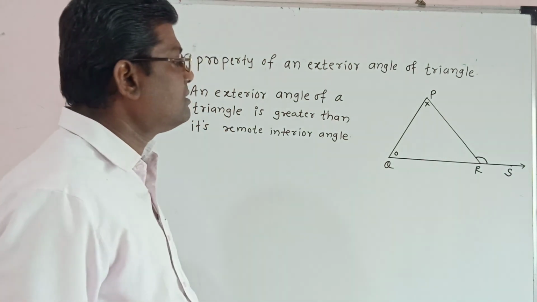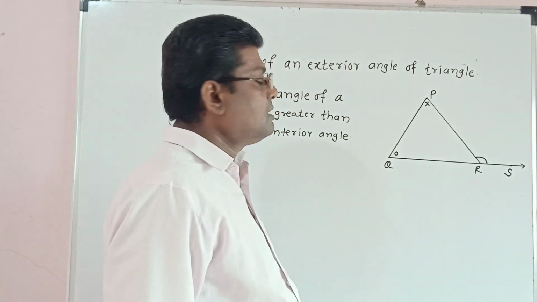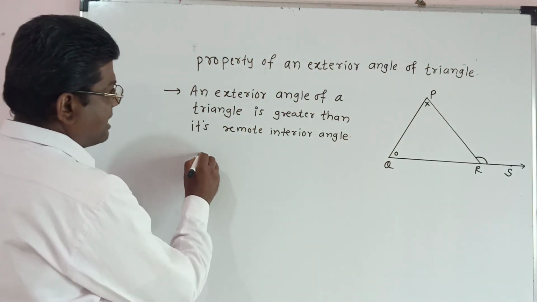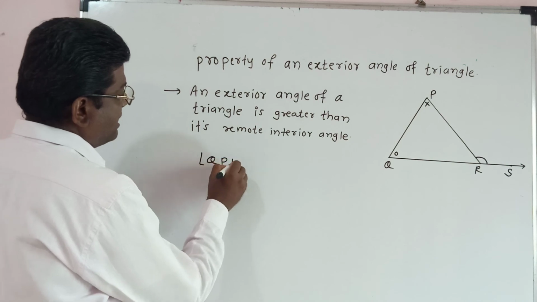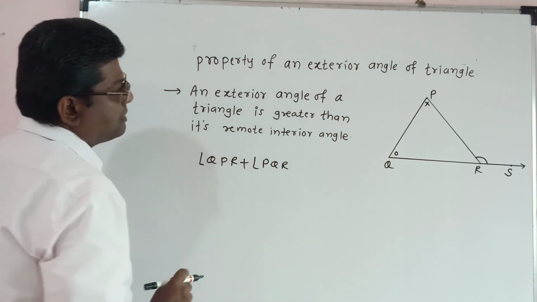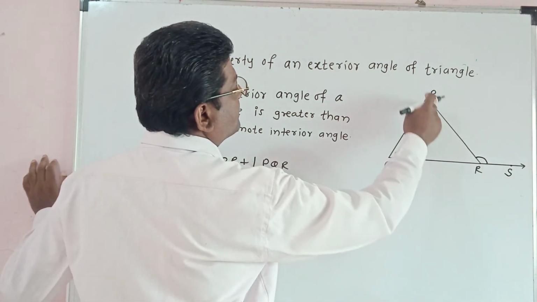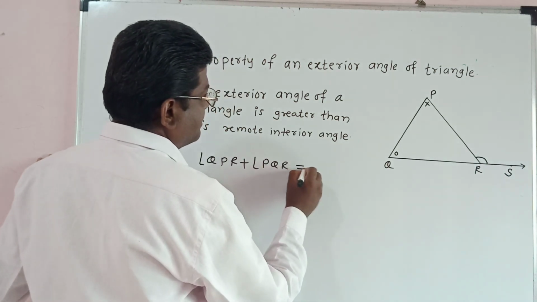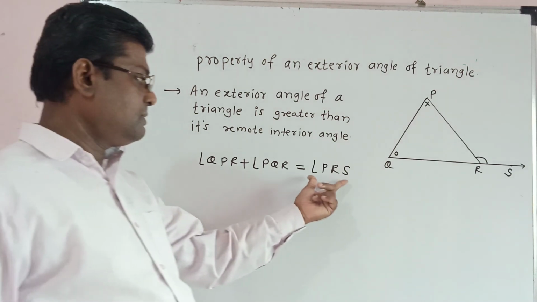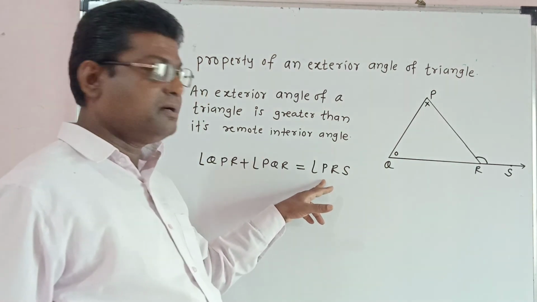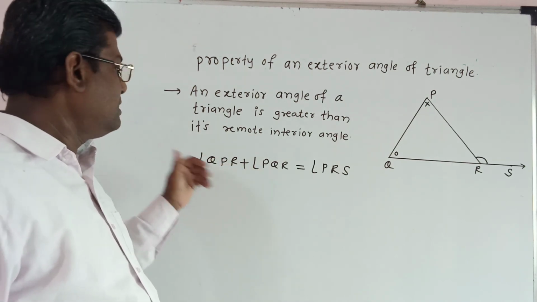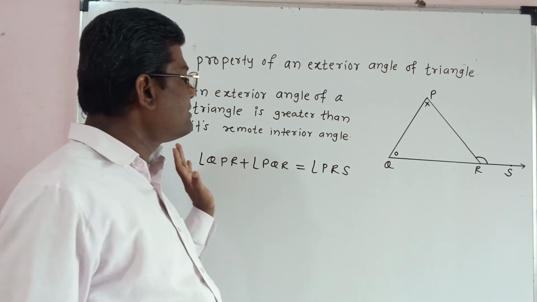So according to the property of remote interior angles of a triangle, we have angle QPR plus angle PQR is equal to angle PRS. So the measure of an exterior angle of a triangle is equal to the sum of the measures of its remote interior angles.